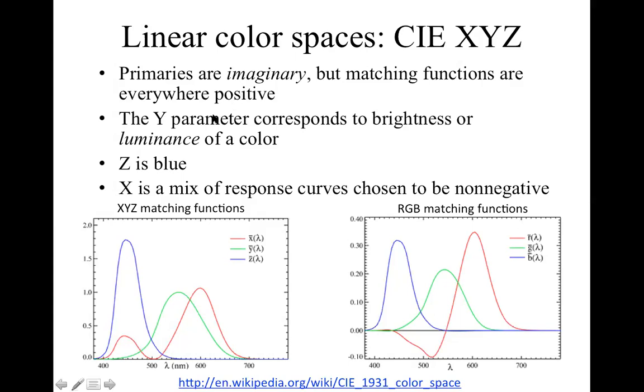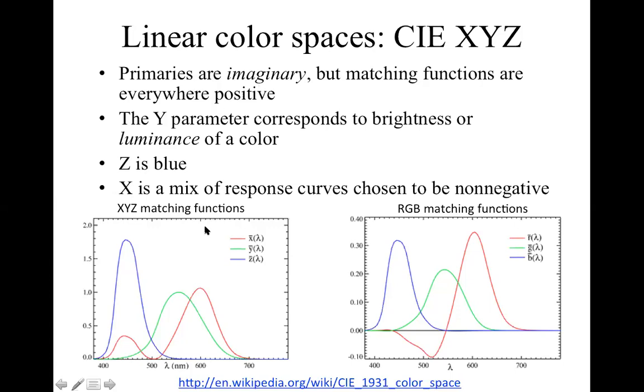And here in XYZ, Y stands for the brightness, and X and Z account for the chromaticity part of the color. Z is very close to blue, and X is a mix of response curves such that it will be non-negative.